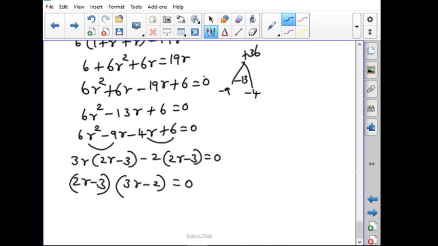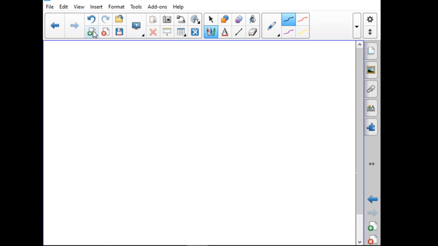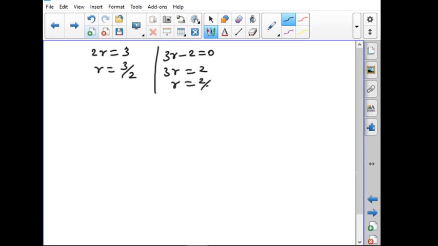So, 2R minus 3 equal to 0. Next, 2R equal to 3, R equal to 3 by 2. The next one is 3R minus 2 equal to 0. So, 3R equal to 2, R equal to 2 by 3.